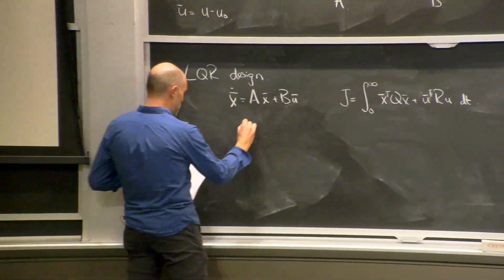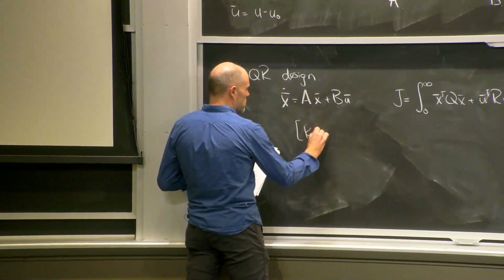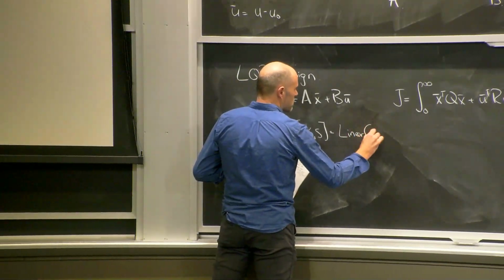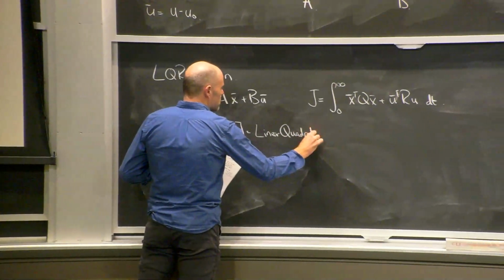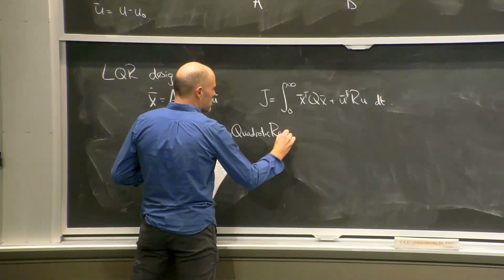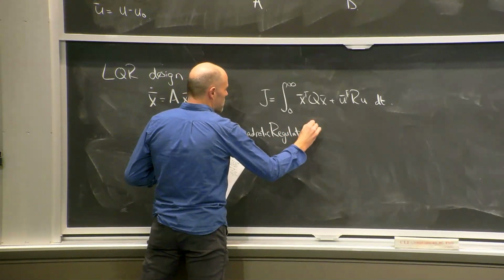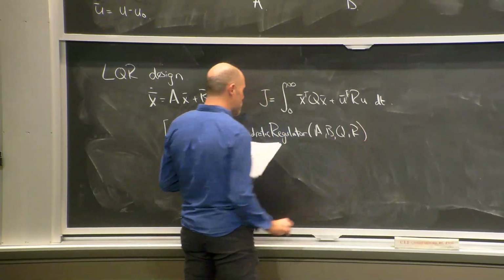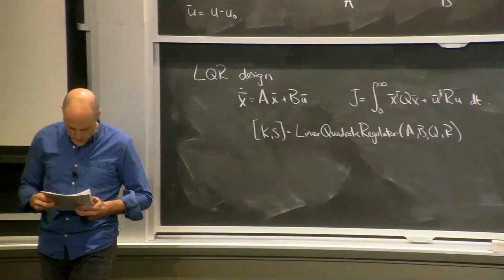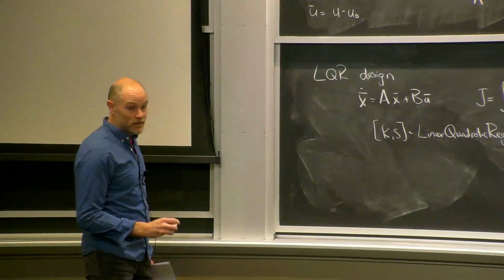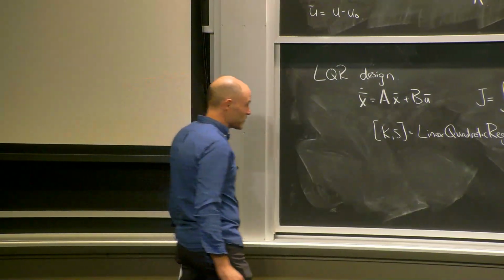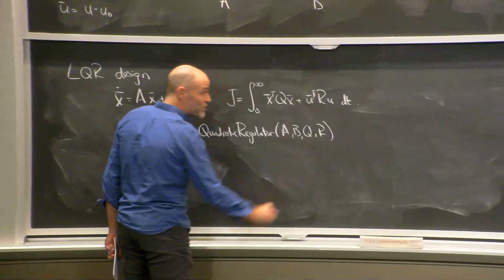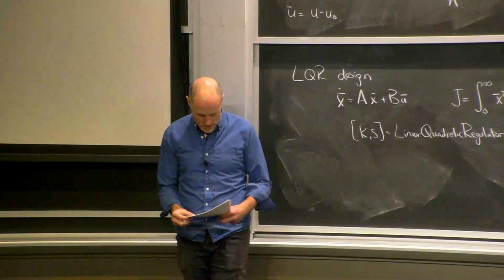Okay, and you can just call LQR, or if you just take the system, in Drake you could also call a linear quadratic regulator system, and it'll do the right thing, it'll give you a system back.